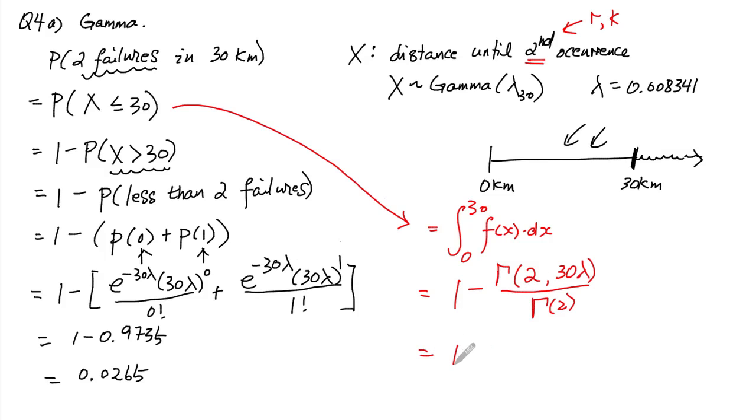Compute this, and we get 1 minus gamma of 2 comma 0.25023. Again, for this lambda we use 0.008341. Divided by gamma of 2, which is simply equal to 1 factorial, and 1 factorial is simply equal to 1.